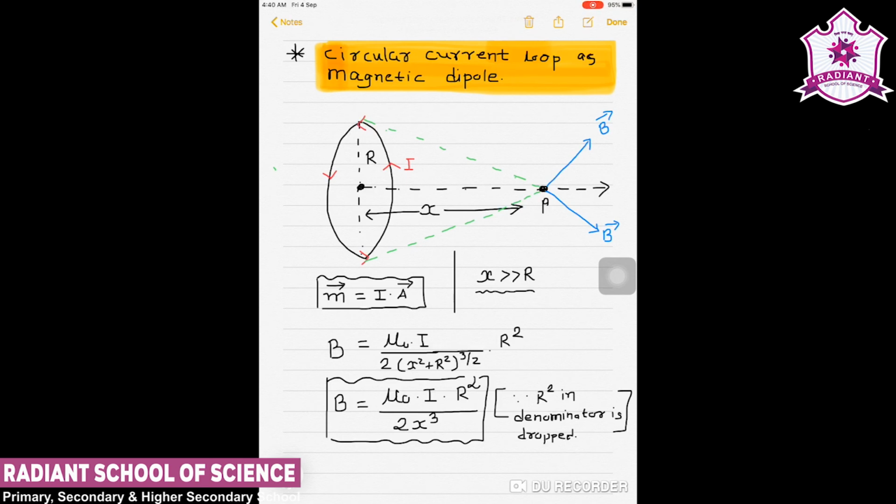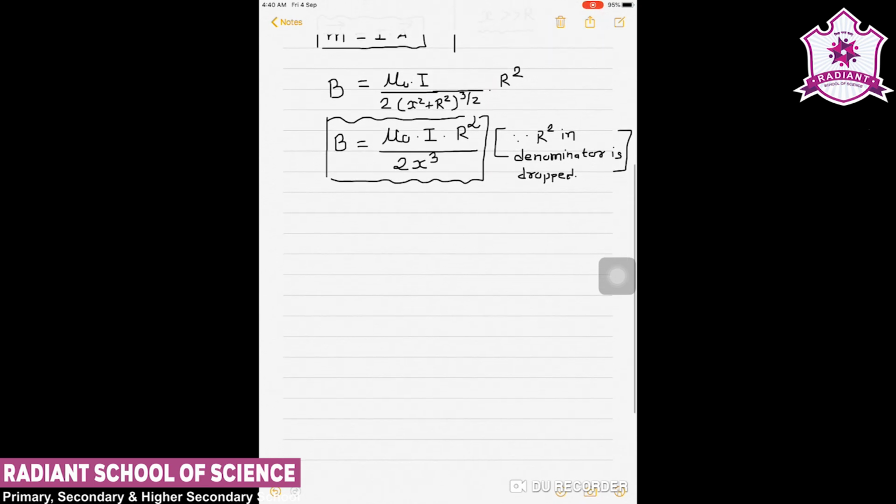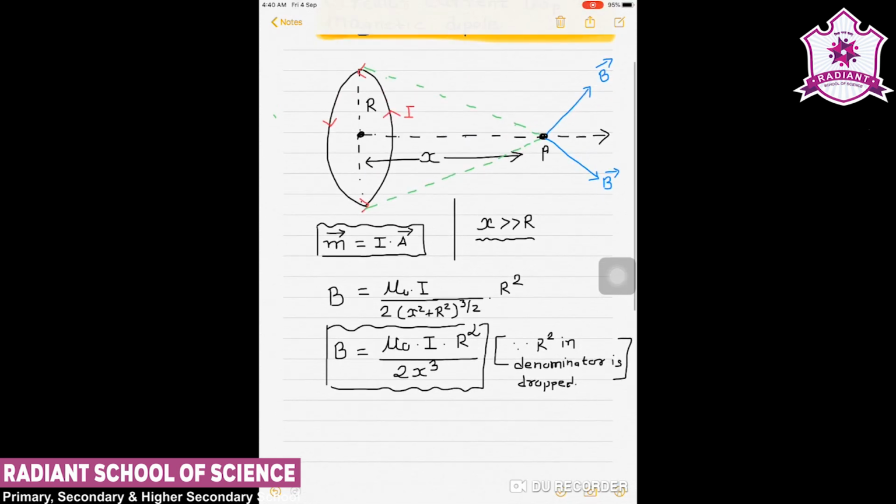Now if I want to convert this equation into a magnetic dipole moment, as I have defined here, the magnetic dipole moment is given by I into area. In that equation I is already present.